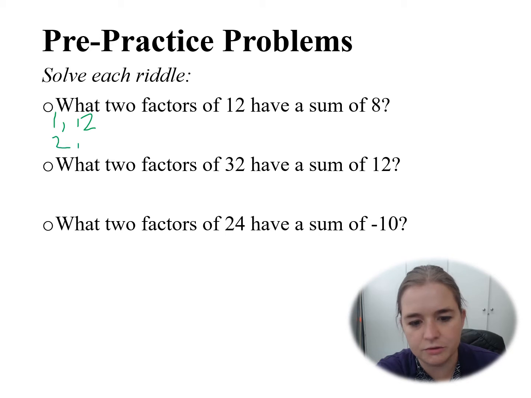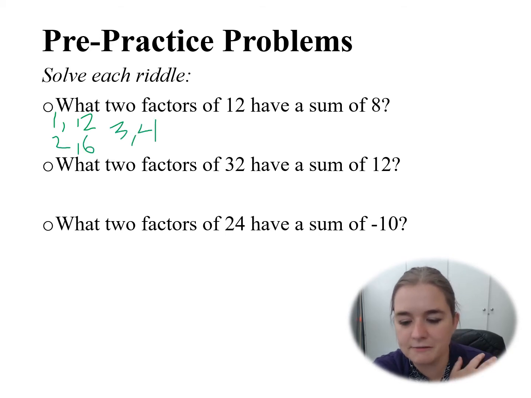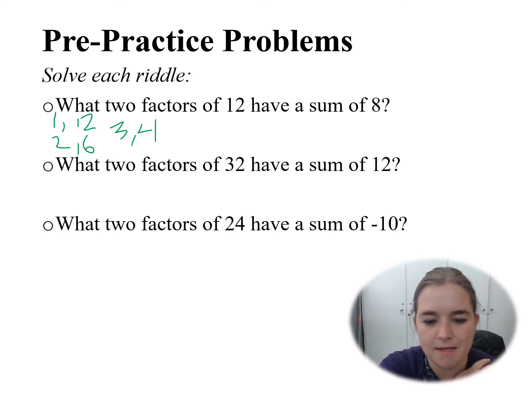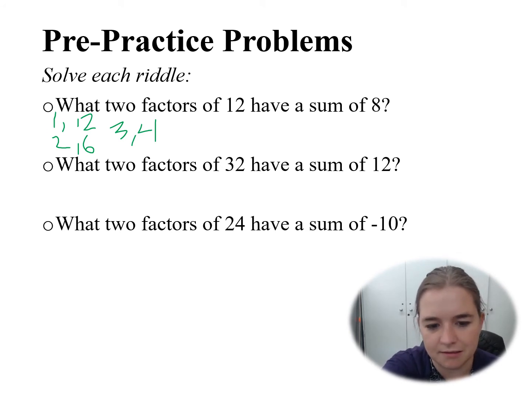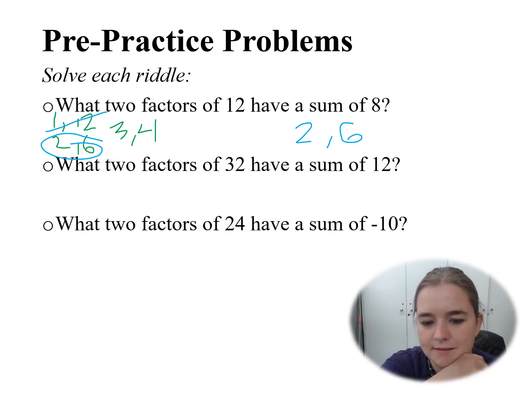I can use 2 and 6, or I can use 3 and 4. So my pairs of factors for 12 are written here, and I want to know which ones have a sum of 8. If I add 1 plus 12, I get 13. That's not going to work. If I add 2 and 6, I get 8. So my two factors that have a sum of 8 are 2 and 6.